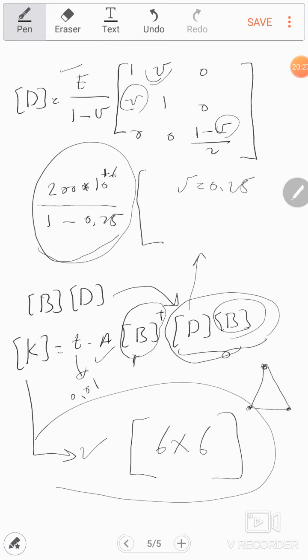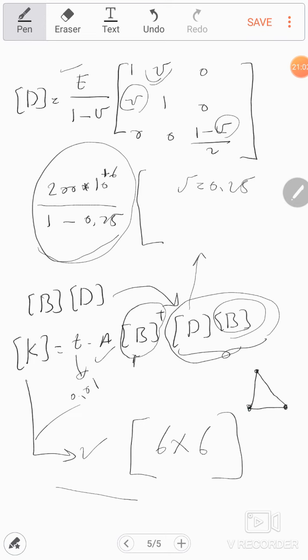But if we have 4 or 5 nodes, for example a node in the middle, sorry, let me redraw. This is our element and we have 3 nodes.